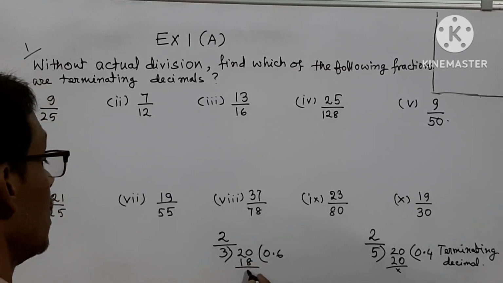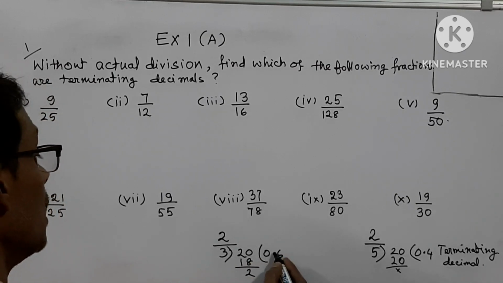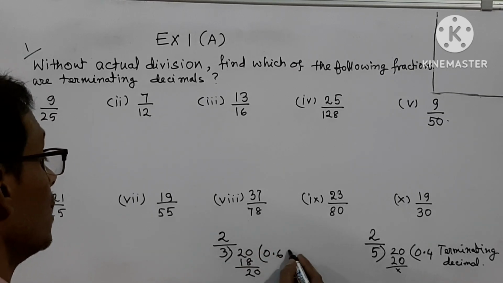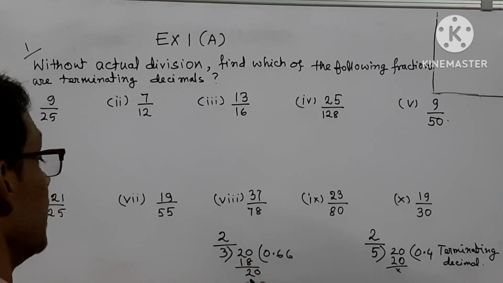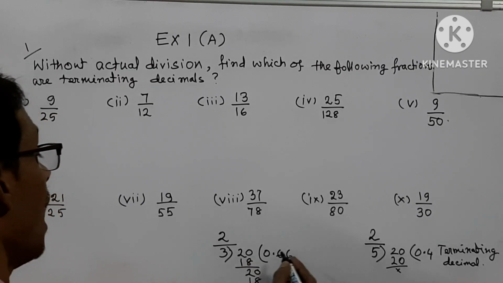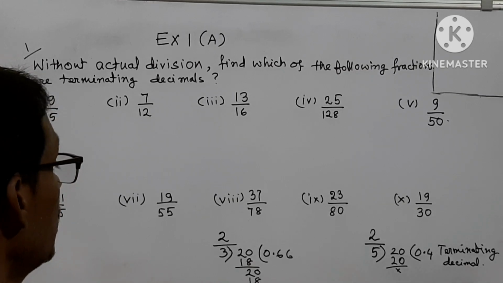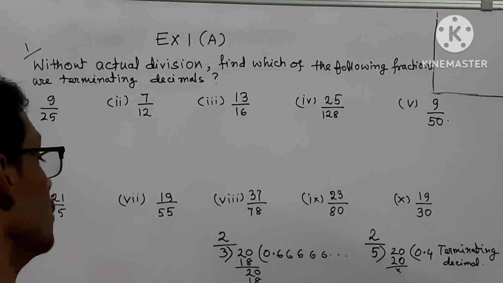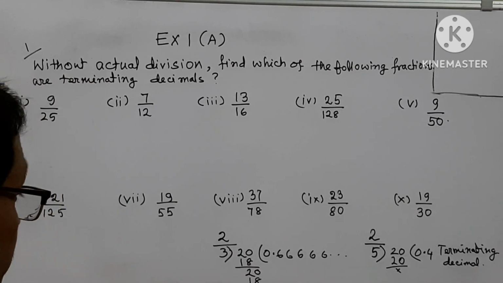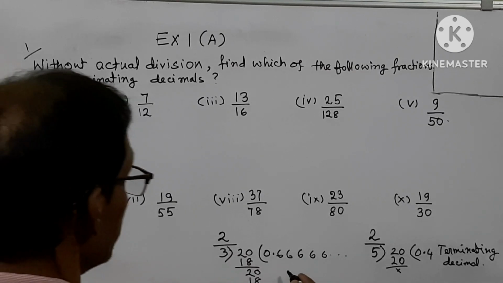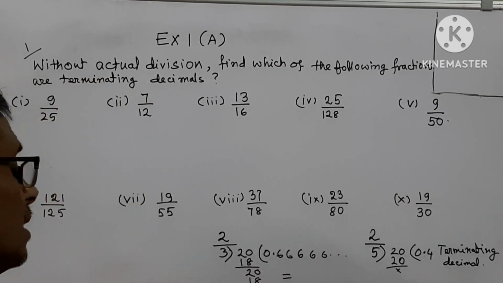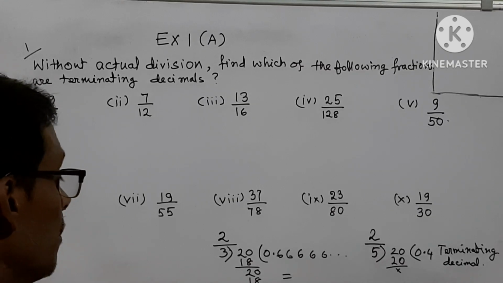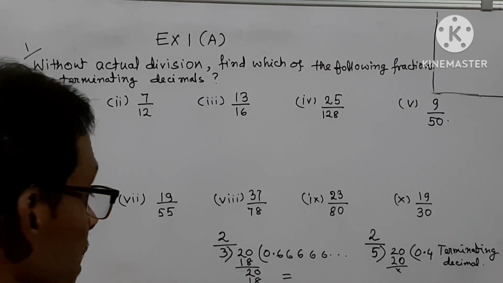After subtracting, we are getting 2, again 0, and then 3 6s are 18, and you can see 6 will keep on coming. 0.66666. So here you can see 6 is repeating, but it will never get terminated.